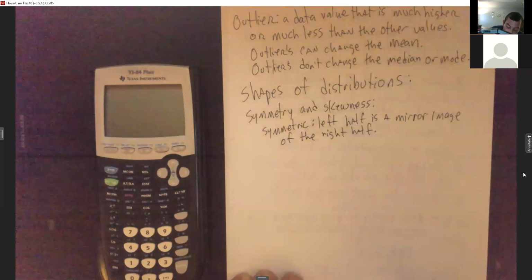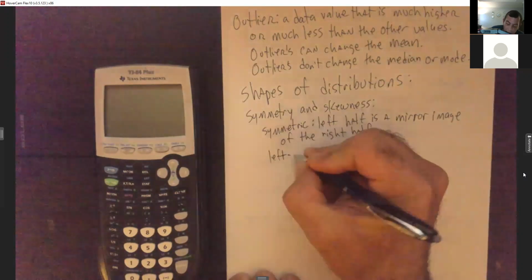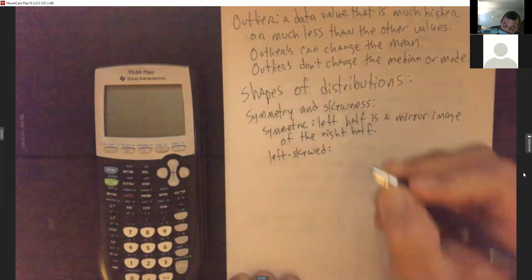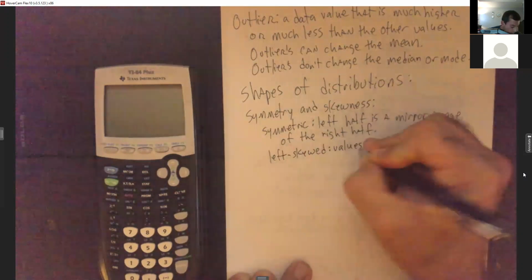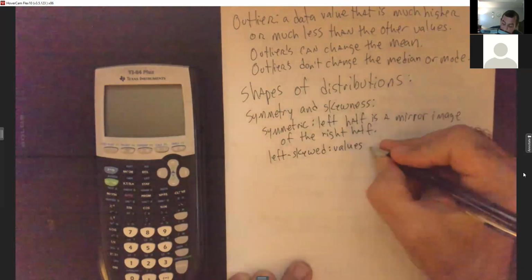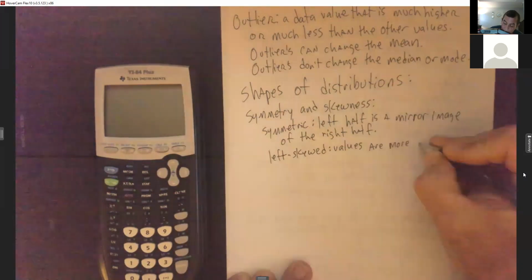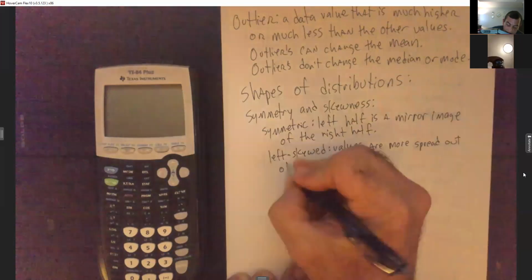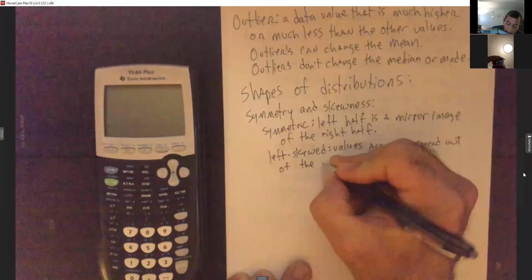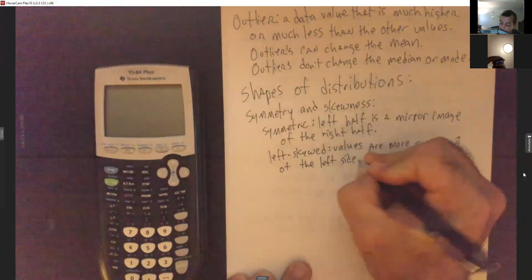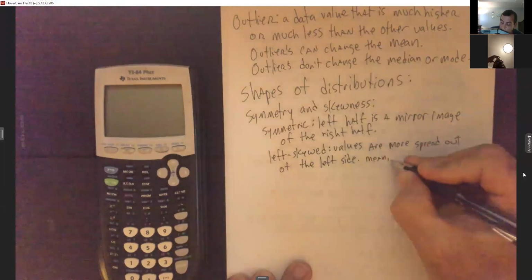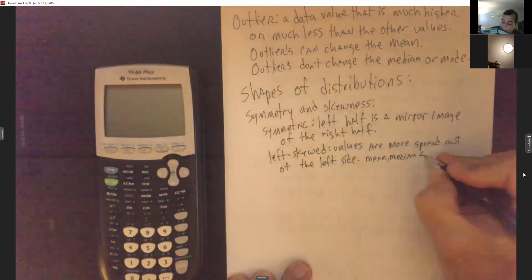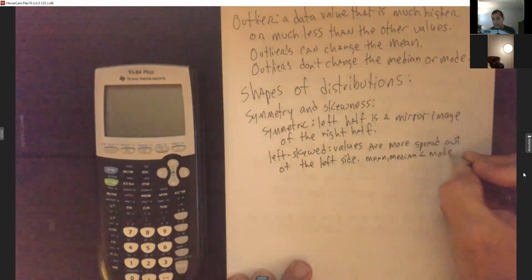It's left skewed if the values are more spread out on the left side. That means your mean and median are less than your mode. Okay?